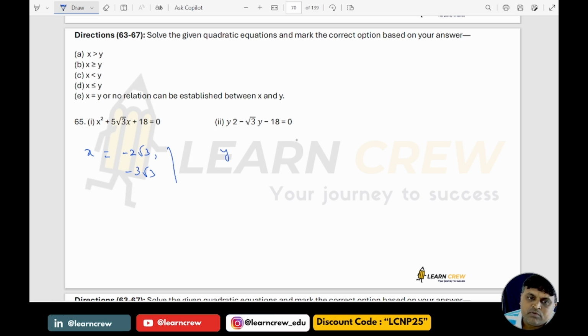So y is equal to minus 2 root 3, minus 3 root 3. So here what I can say, y is greater than or equal to x. Minus 2 root 3 is equal. So y greater than or equal to x. So x less than or equal to y.